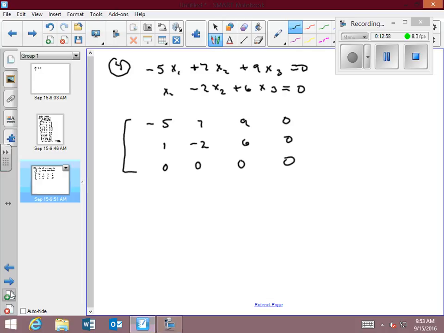I should probably do the rest of this. To find out what it is, let's just finish this thing out. I'm going to switch rows.